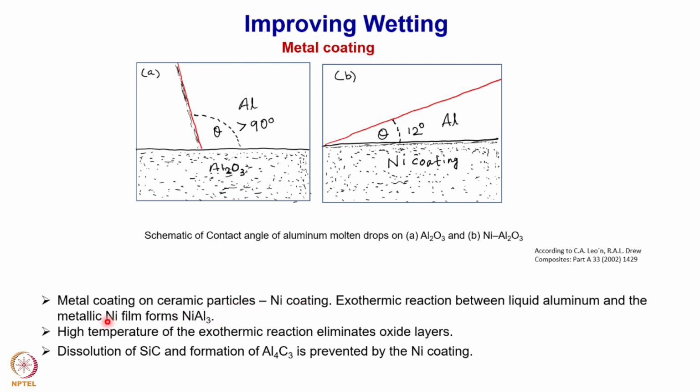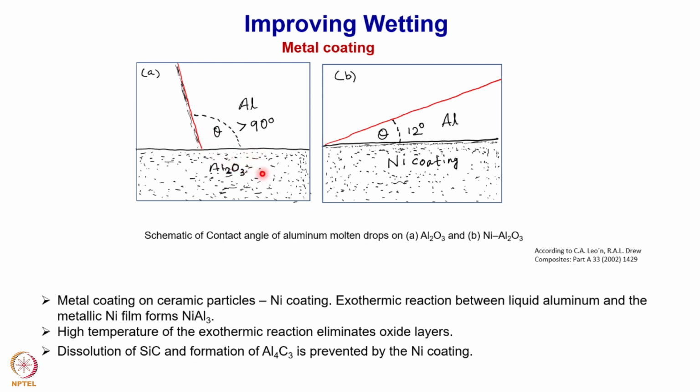For example, if you have nickel coating on a ceramic particle surface, it will react with the aluminum and form this kind of intermetallic layer on the surface of the ceramic particles, and through such interfacial layers the bonding will now happen because this interfacial reaction product on the surface of the ceramic particles will decrease the contact angle. Okay, so that is what is being shown over here.